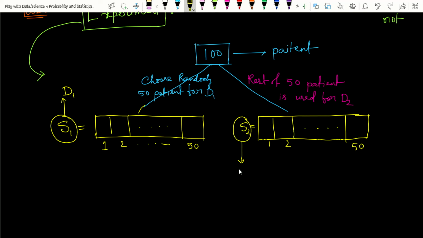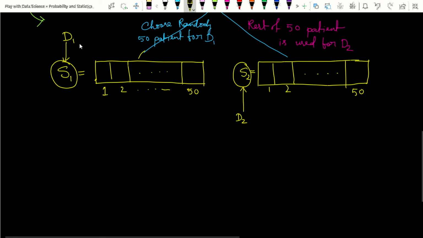For these patients we will apply drug 2. Suppose after applying drug 1, the data we got for patient 1, the fever reduces in 4.5 hours. Suppose it reduces 3.5 hours, 3 hours, 2.5 hours.